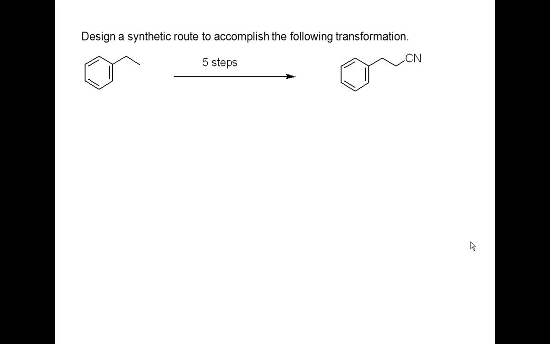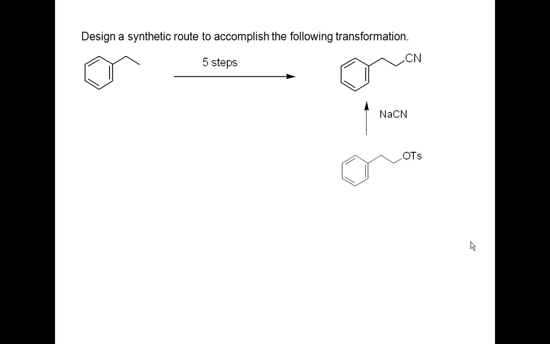And there's only one. It's in Chapter 8. It's our old friend, the SN2 reaction. So, as the final step here, the most logical step is to treat a tosylate, or you could use a halide or something like that as well, with sodium cyanide, and that would produce the final product. Okay, so where does the tosylate come from?